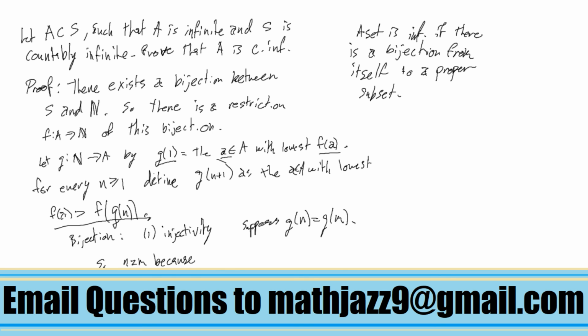And then g of m, since m is defined later, g of m's f value has to be strictly greater than g of n, because we picked each of these f values to be strictly greater. But if they have different f values, then they can't be the same element of A, because f is a function from A to the naturals. So we can't have f of A being two different values. So let's write that out.